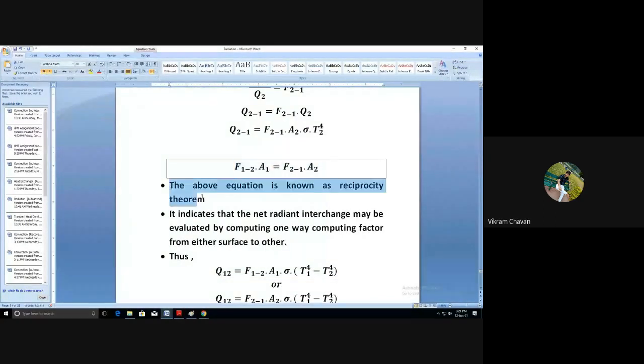The above equation is known as the reciprocity theorem.